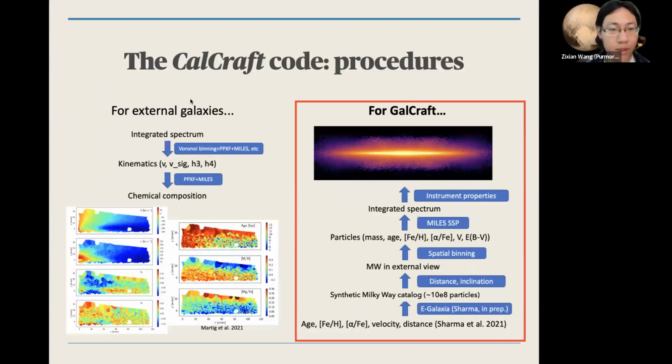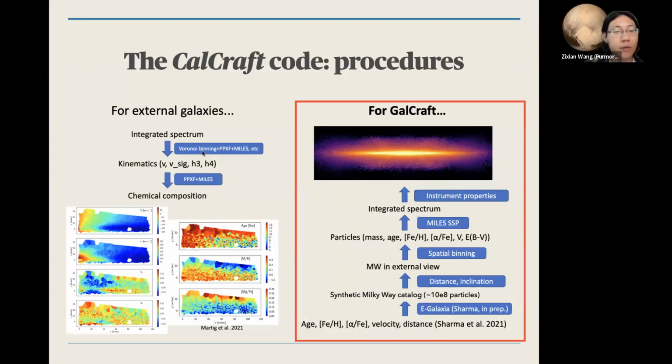For people not really familiar with this area, let me first introduce how people who work on external galaxies do it. Assuming you have a MUSE observation of one of the external galaxies, you have the integrated spectrum of each pixel. The first thing is you apply Voronoi binning.